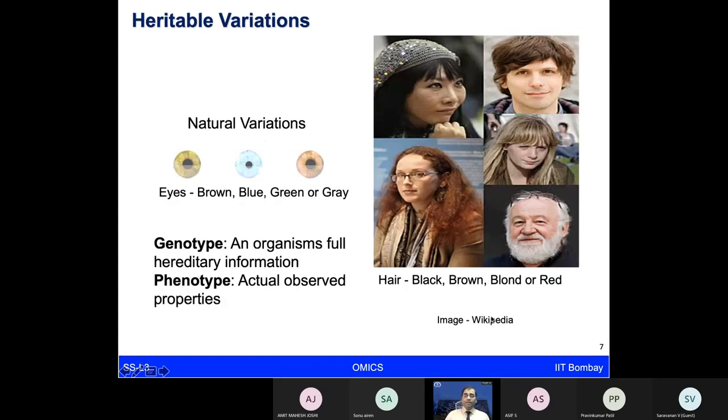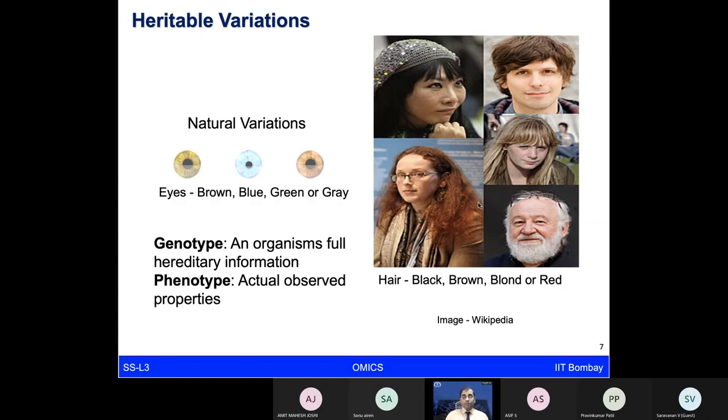Some of these characteristics: different types of eye colors, from brown, blue, green, or gray, or even the hair color or type of hair, sometimes curly, sometimes straight. Many of these are what we see for the same phenomenon. These are heritable variations.